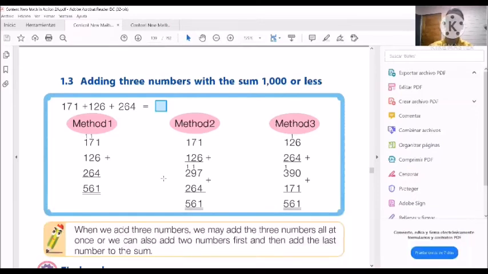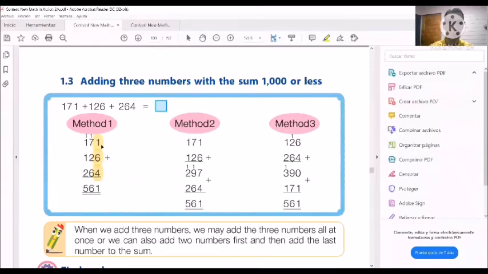Okay, so basically here it is talking about different methods to do it. My recommendation is to do it the shorter form you can, because it's clearer. So same as before, we just take all the numbers in the same place. For example, ones place we got 1, 6, 4.